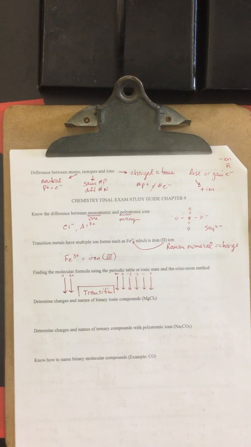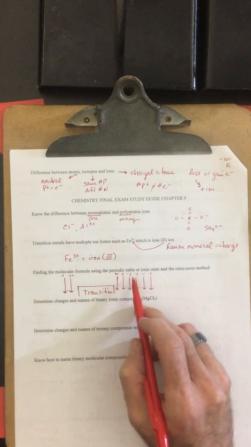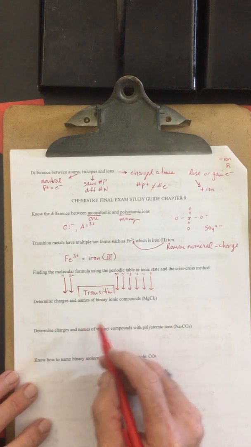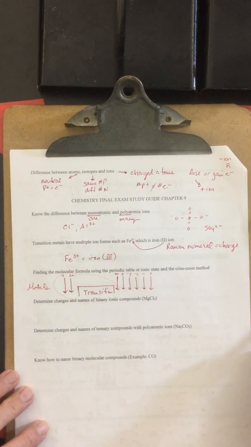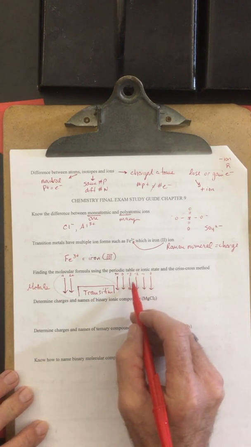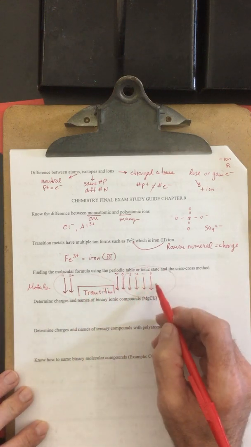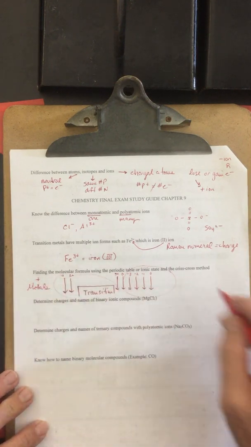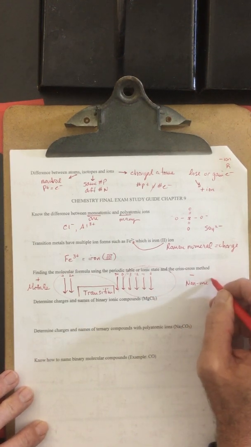So there's this trend: plus 1, plus 2, plus 3, 0, negative 3, negative 2, negative 1, 0. All these on the left-hand side tend to be metals, and on the other side, they tend to be non-metals. So the positives are your metals, and the negatives are non-metals.